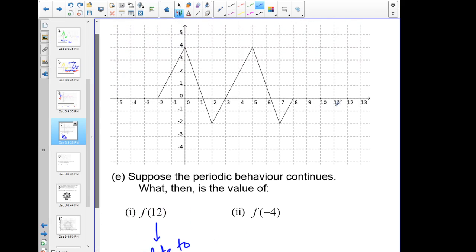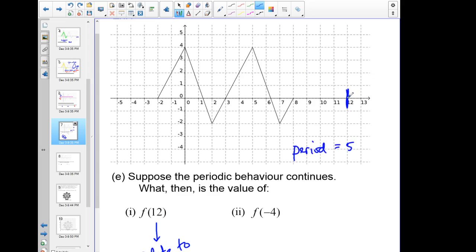And the way we do that is, when I showed you how to extend the graph, we're going to do that now in reverse. So I'm curious about this value of 12, but I know that this graph is periodic, and I know that it has a period of 5.